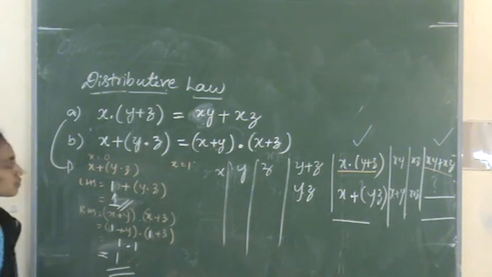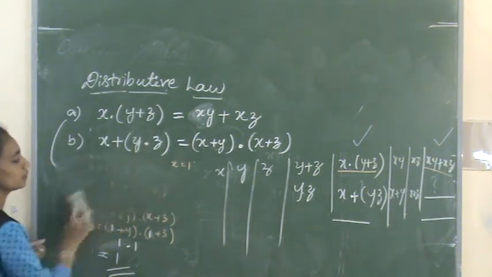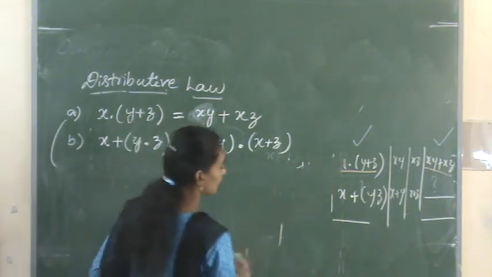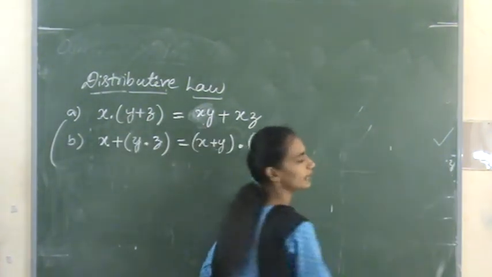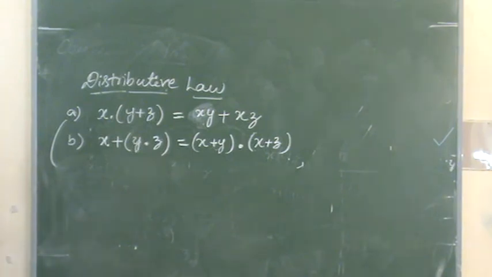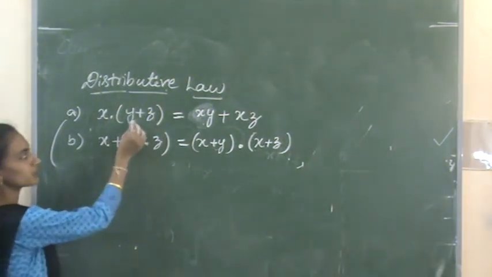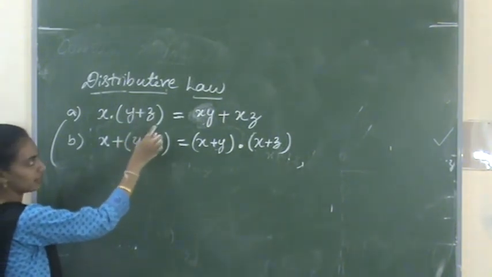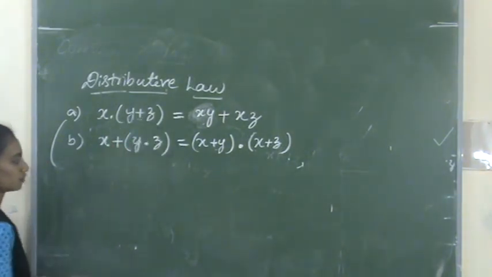Okay. So how will this be shown with the help of a circuit diagram? So we have to provide a circuit diagram, right? With the help of AND and OR operators. So how to write this circuit: first we are performing y plus z, means we are performing OR operation, right?